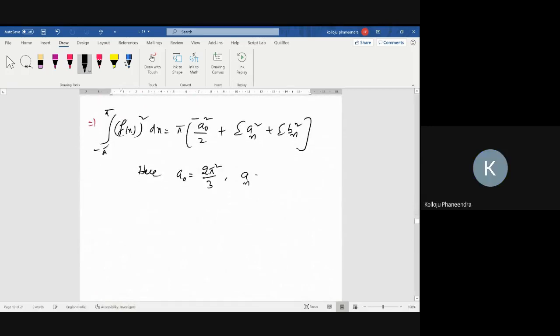And what is an value? 4 into minus 1 whole power n by n square. And what is bn value? 0. Take this as equation 4 or 5.